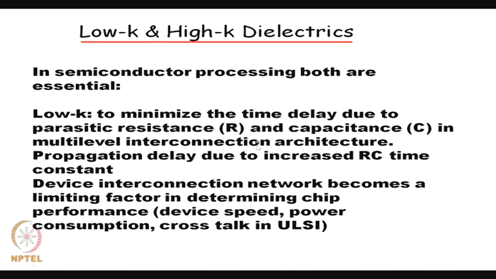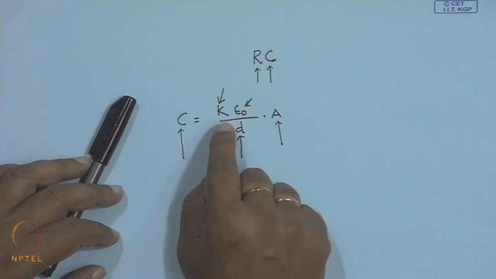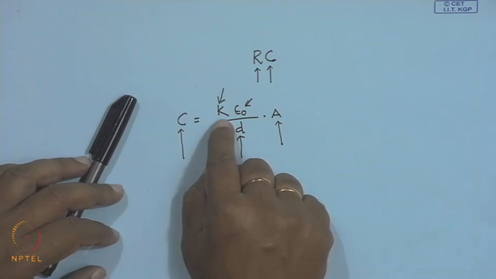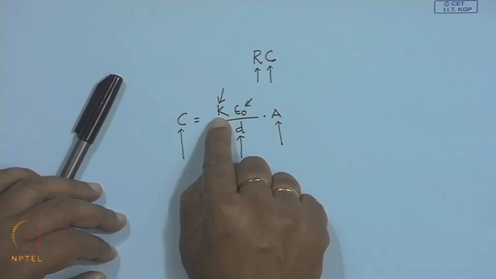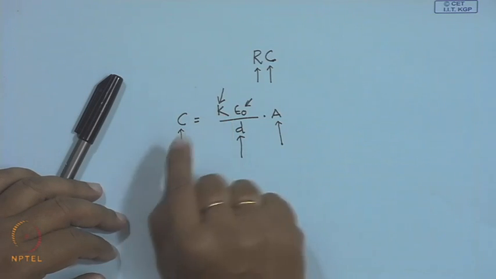So far as R is concerned, you can use any low resistive material. Copper is widely used, aluminum can be used, but copper is better than aluminum, or even you can use silver and gold for discrete devices in some cases, so that the resistance will be further minimized, and the capacitance can be minimized by the minimum value of K, which is the low dielectric constant material.